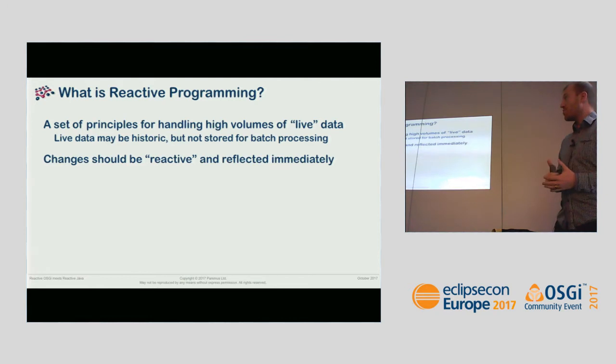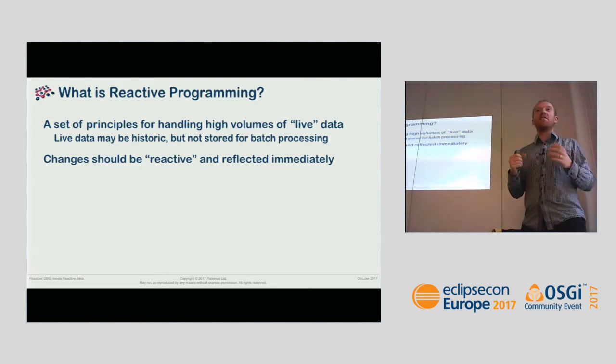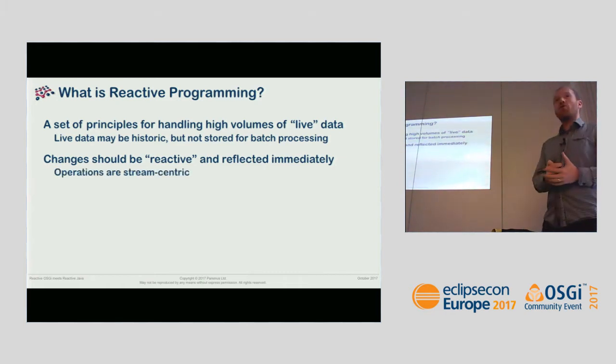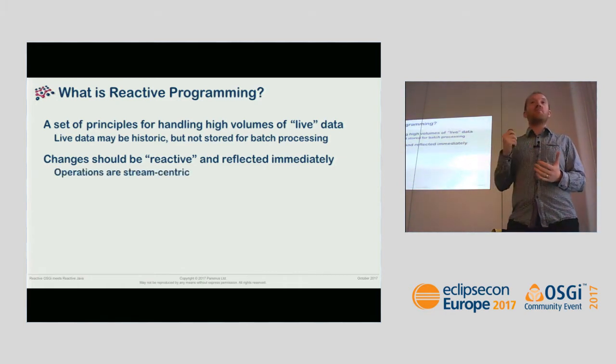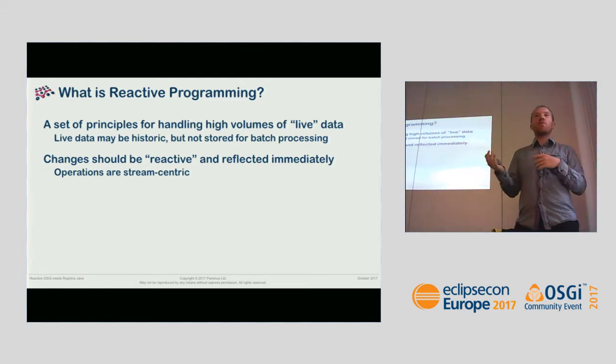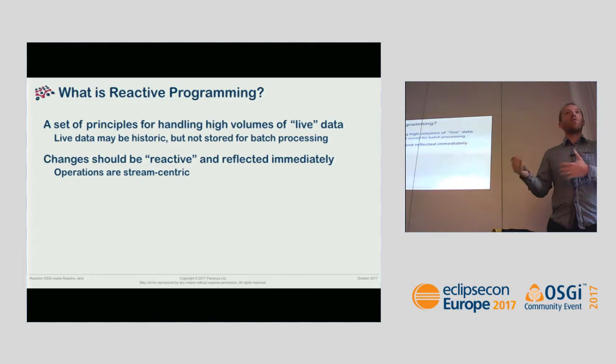And the changes should be reactive, meaning that they are reflected immediately. So when something happens that is a trigger, you then react to it. That's where reactive comes from. All your operations, therefore, must be stream-centric. Because if you're having to deal with the whole stream before you can come up with some kind of result, you are no longer reactive. You are not reacting to data as it arrives. You're doing batch processing again.